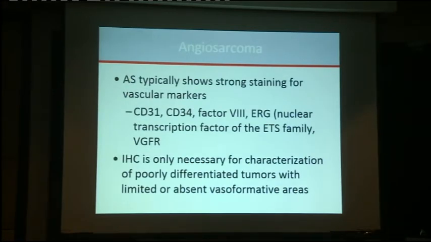When we are working up these vascular lesions, just like any other lesions, we have to do a panel of markers, and vascular lesions are positive for CD31, CD34, and recently the nuclear transcription factor ERG is more commonly used.